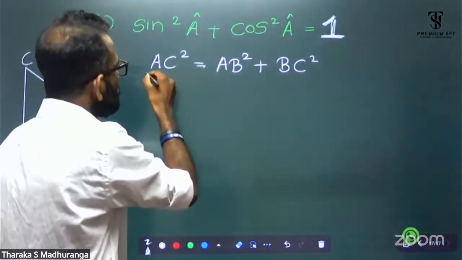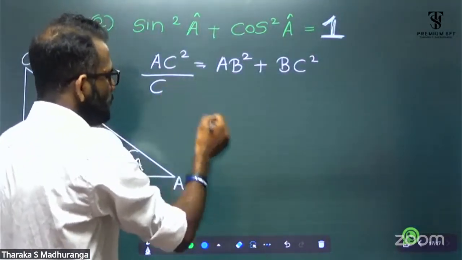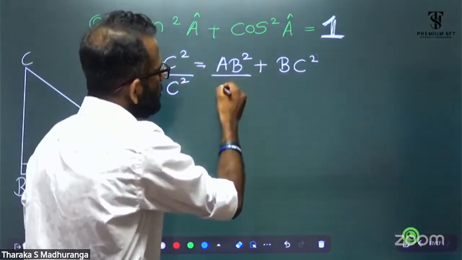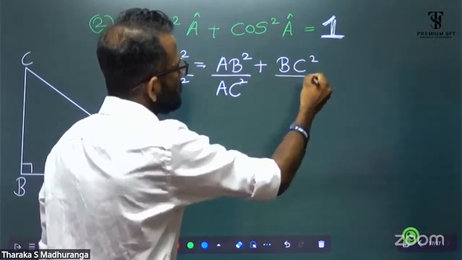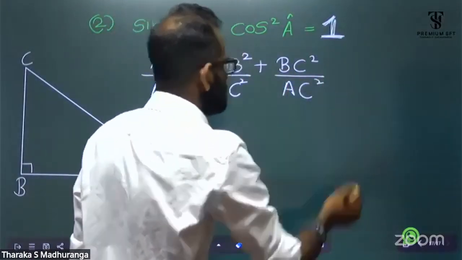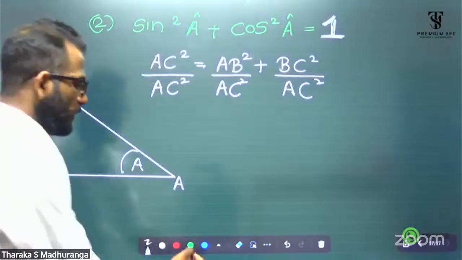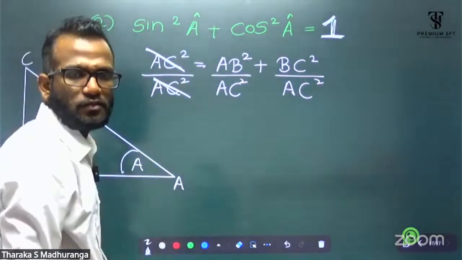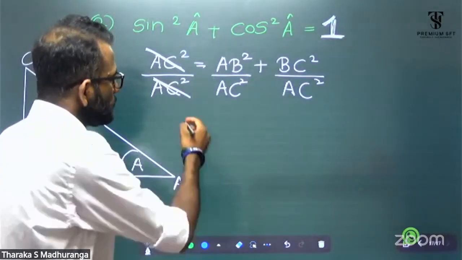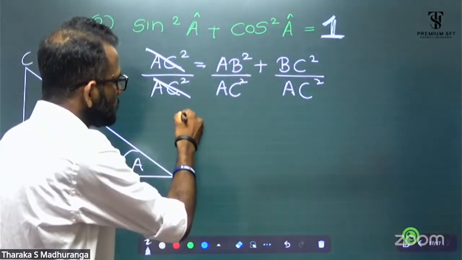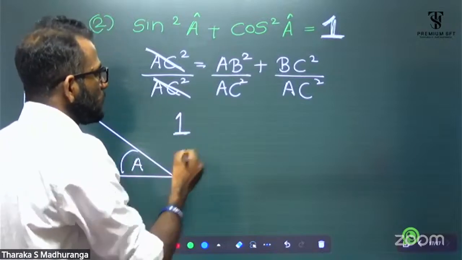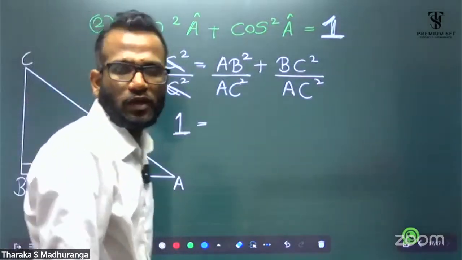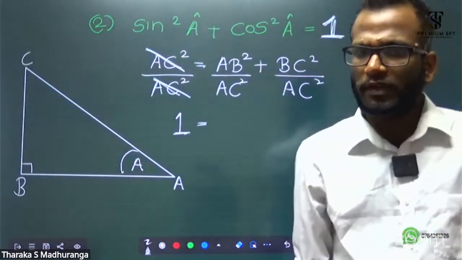Therefore, divide all values by AC squared. Now what happened? AC squared and AC squared cancel out. It is converted to 1. Now it equals AB squared plus BC squared over AC squared, which means what? AB over AC means?